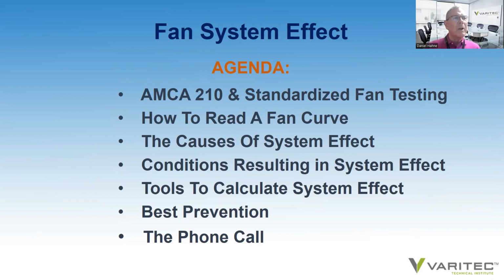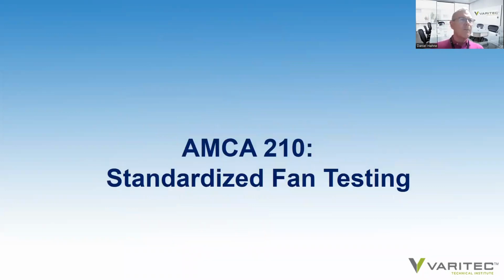We're going to learn how to read fan curves. We're going to look at the causes of system effect, conditions resulting in system effect, the tools to calculate the effect, and best prevention. Then we're going to walk through a scenario that illustrates how best to use AMCA 201 in calculating system effect.